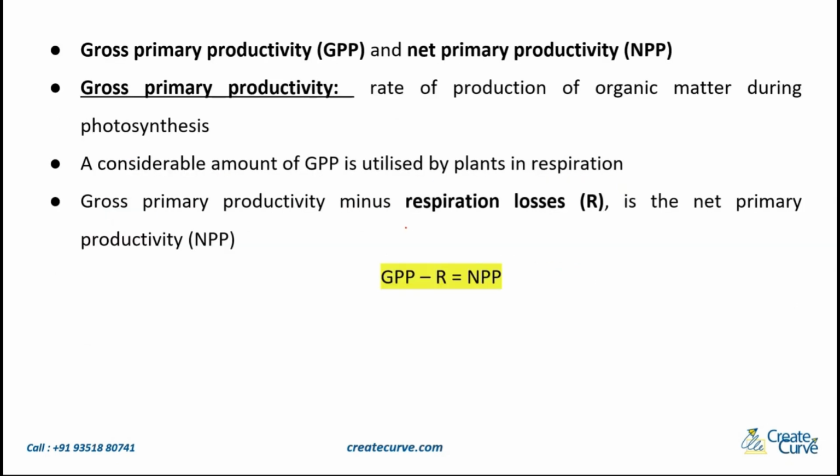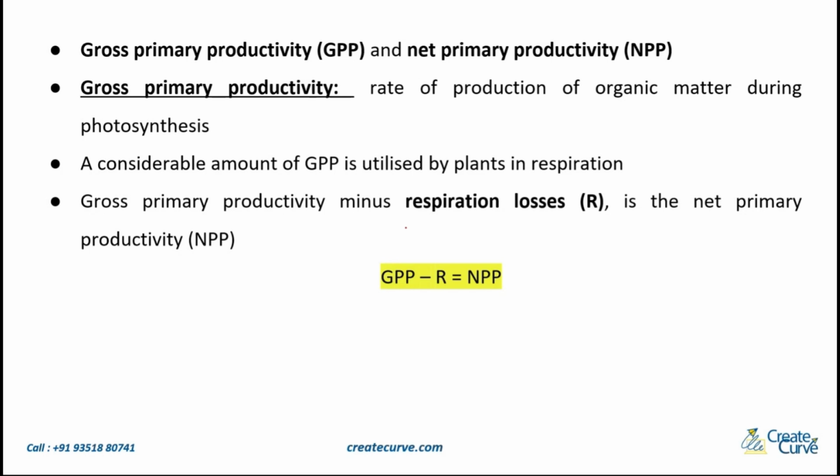Then you have gross primary productivity, GPP, and net primary productivity. Gross is basically the rate of production of organic matter during photosynthesis. How much organic matter is made during photosynthesis? This is basically the total amount, the entire thing.